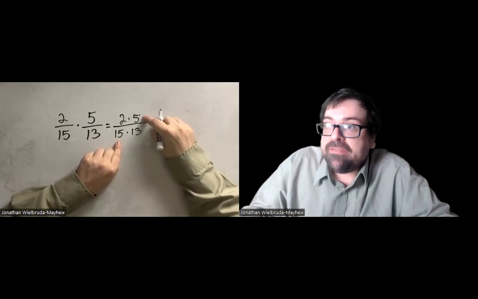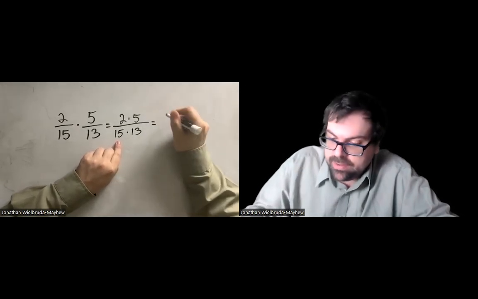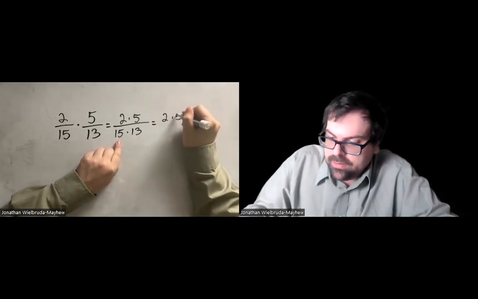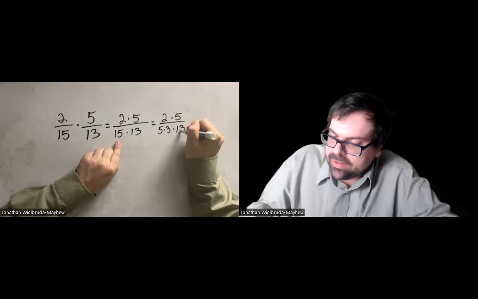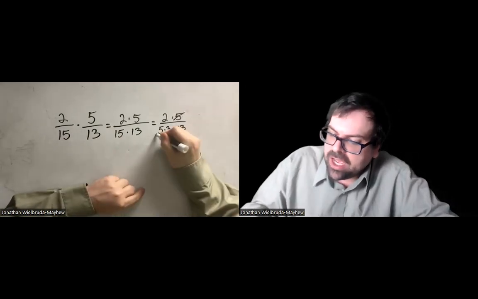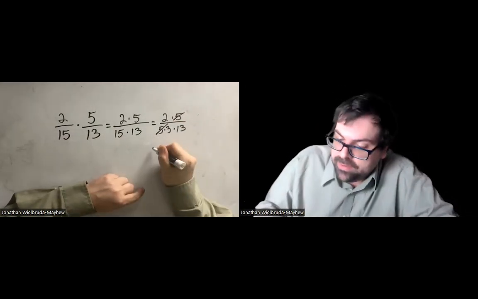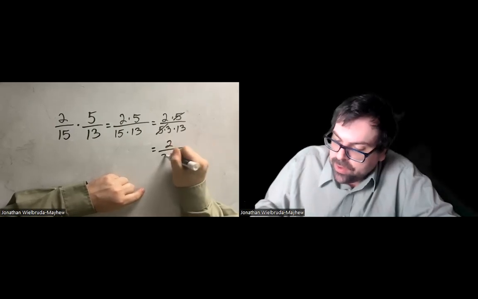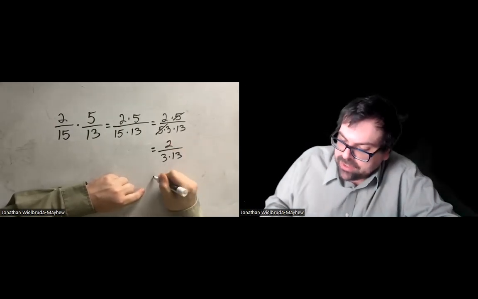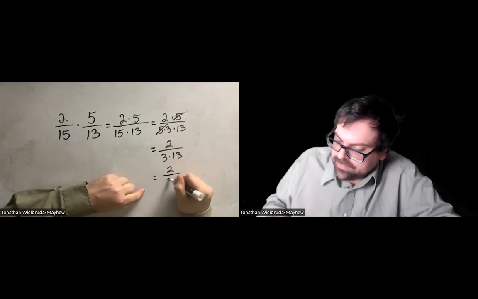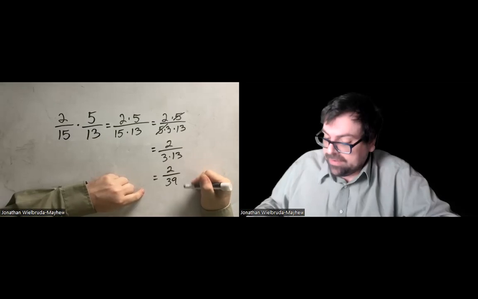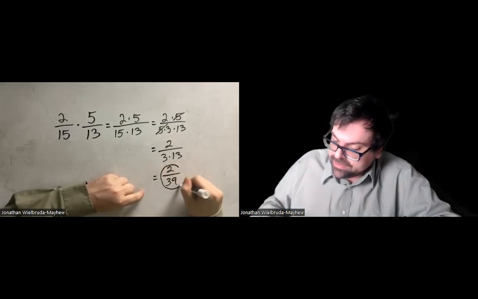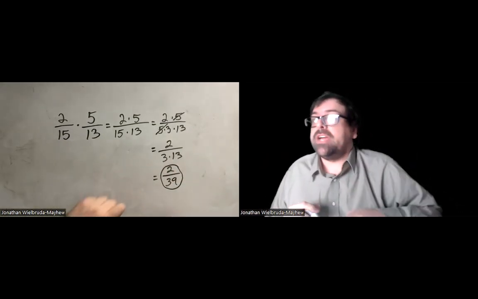And we see this 5 on the top. We can rewrite the 15 as 5 times 3. And then a 5 on the top cancels with the 5 on the bottom, giving us 2 over 3 times 13, which is a lot nicer, giving us 2/39. 2 and 39 have nothing in common factor-wise, so that is our reduced fraction.